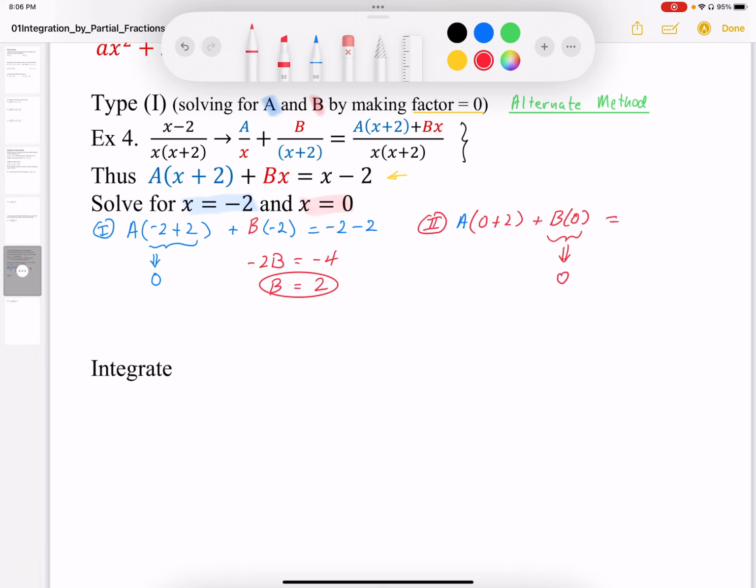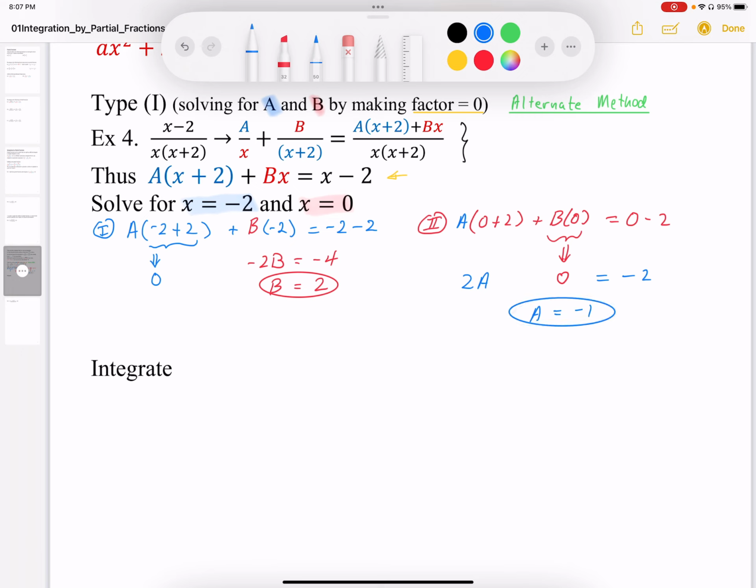Then we end up with 0 minus 2 on the right-hand side of the equation. We can solve for the a because we end up with 2a is equal to negative 2. Solving for a, we end up with a is equal to negative 1.